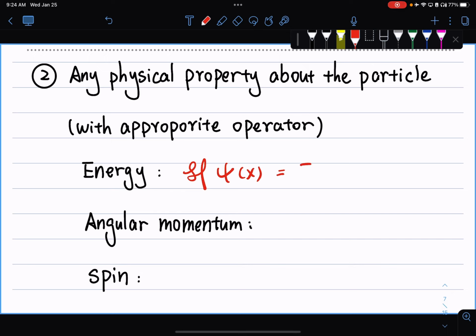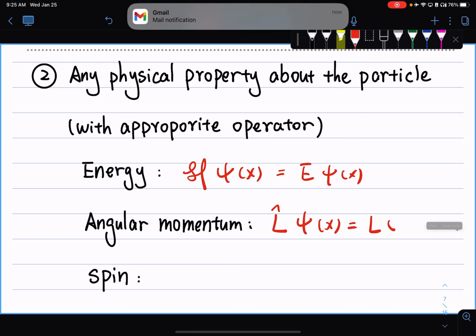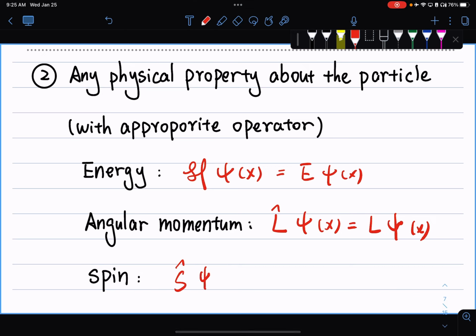That gives you the energy times phi x. You can also get the angular momentum if we're using the angular momentum operator, and that gives you L phi x. Likewise, if you want spin, use the spin operator.